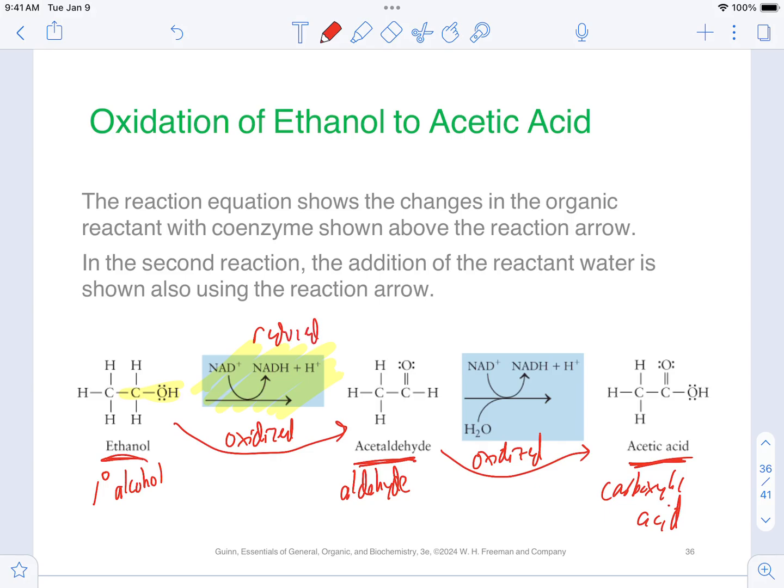And remember, if you already have one being oxidized, the other thing has to be reduced. You can see what happened structurally: your OH group here turned to your carbonyl carbon with an H and an R group. And then your carbonyl carbon here has an R and an OH group. And that's the carboxylic acid skeleton.